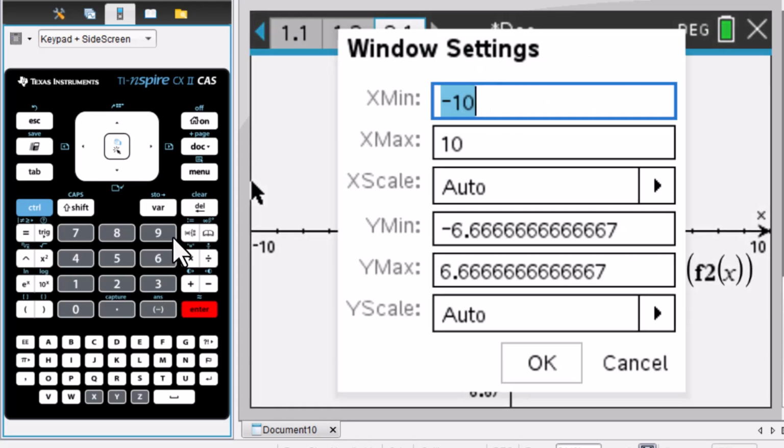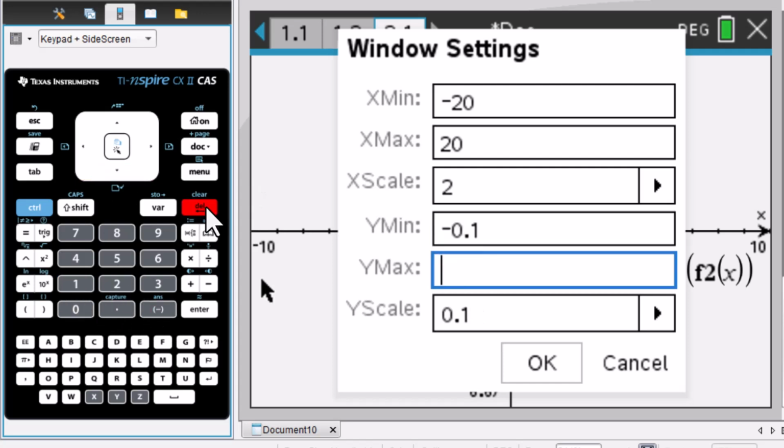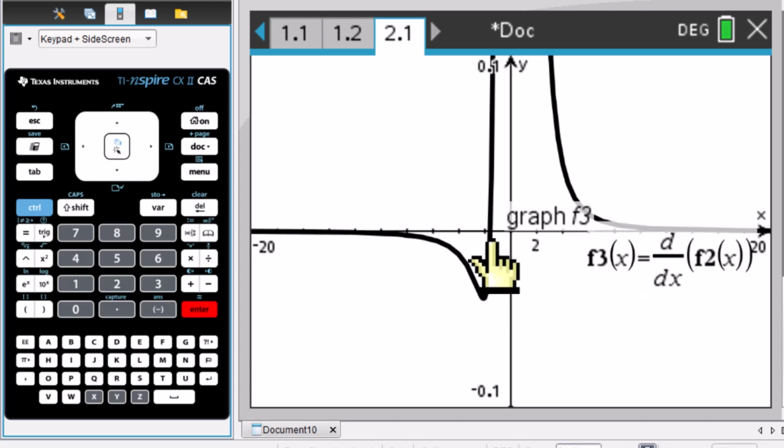X minimum, X maximum: you can put a big one, -20, +20, 2. Y minimum, -0.1. Y maximum, +0.1. Y scale, 0.1. Enter. This time, really clearly, you could see this is an x-intercept.